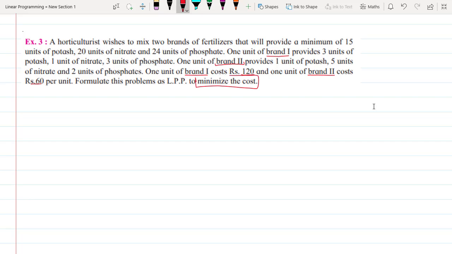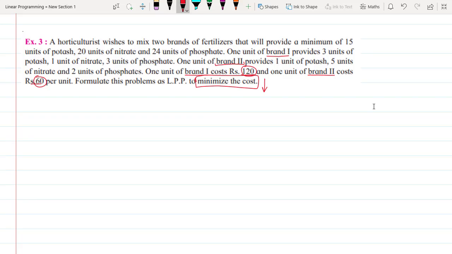Now are you getting this? This is what the costing is. It is not a benefit or a profit, it is the total cost. He has to spend 120 rupees for brand 1 and 60 rupees for brand 2. Of course, if you are spending, that spending should be minimum. Now your objective function is what?